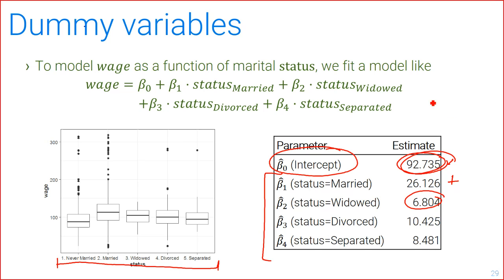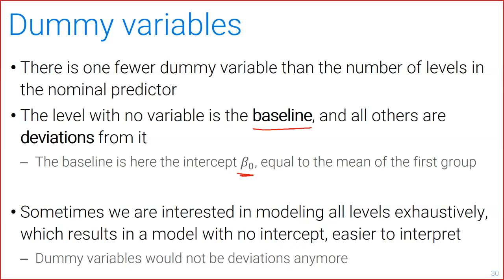And because we do it by using dummy variables, these coefficients are interpreted as deviations from the first group. Now, of course, sometimes we're going to be interested in modeling all levels exhaustively. So sometimes we're going to be interested in having the estimate of the average of the group without having any deviations or baselines or things like that. And this is something that we can do.